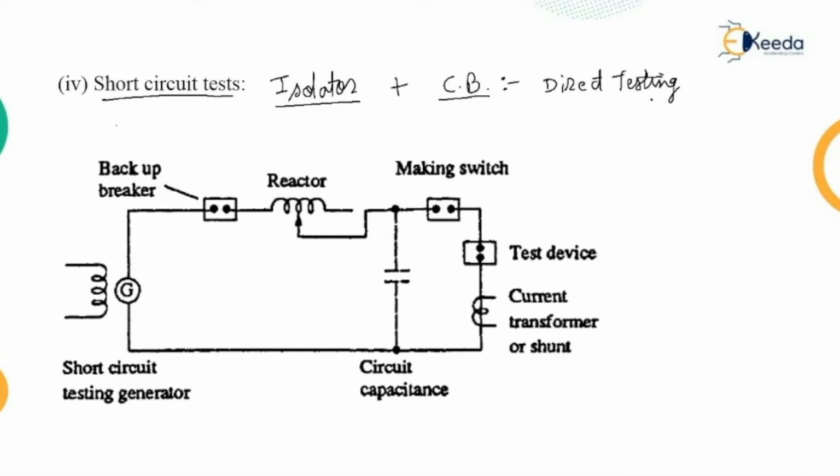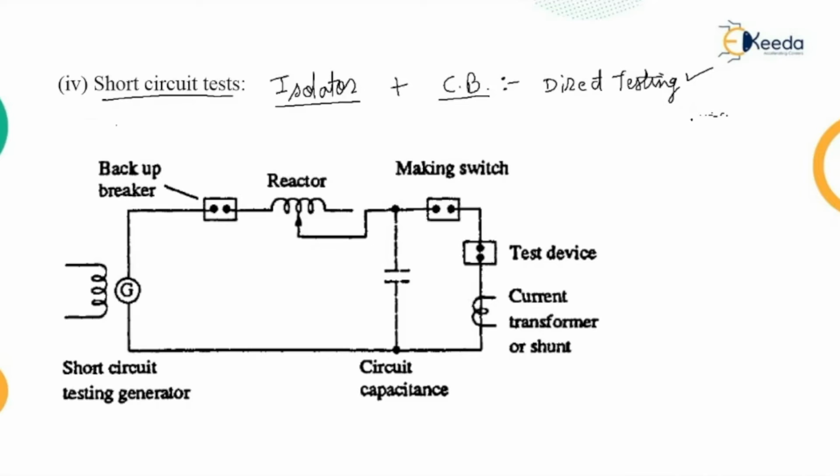In this direct testing in the networks or in the fields, circuit breakers are sometimes tested for their ability to make or break the circuit under normal load conditions or short circuit conditions in the network itself, and therefore it is called direct testing.